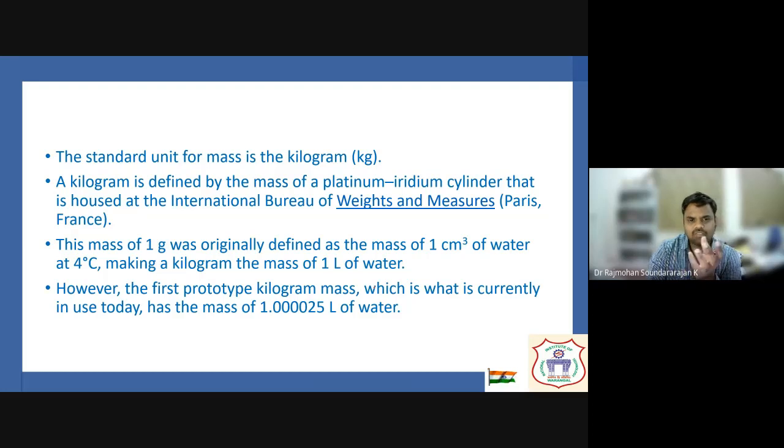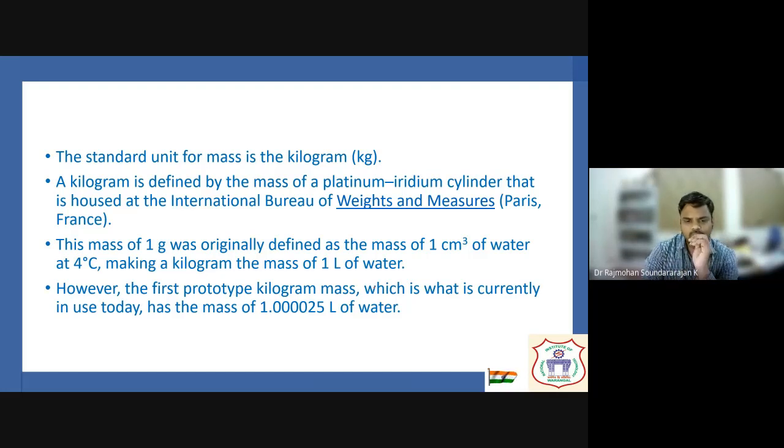A kilogram is defined by the mass of a platinum iridium cylinder that is housed at the International Bureau of Weights and Measures, which is located in Paris, France. This mass of 1 gram was originally defined as the mass of 1 cubic centimeter of water at 4 degrees Celsius, making a kilogram the mass of 1 liter of water.